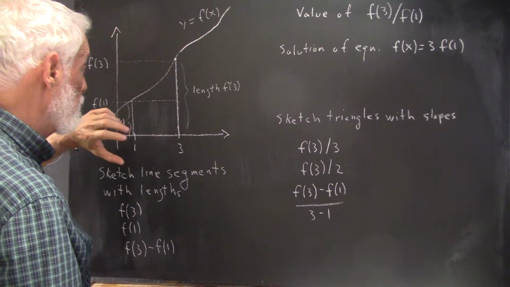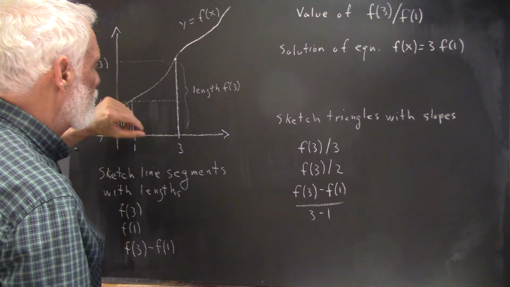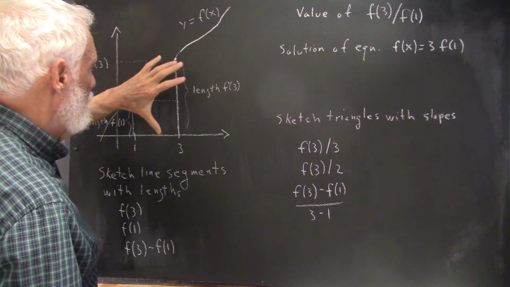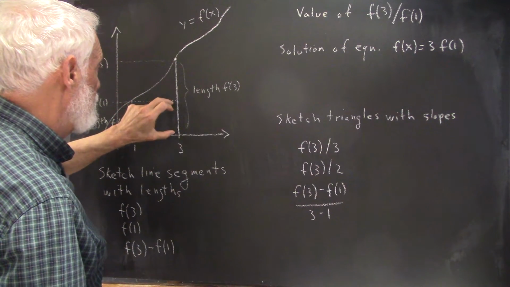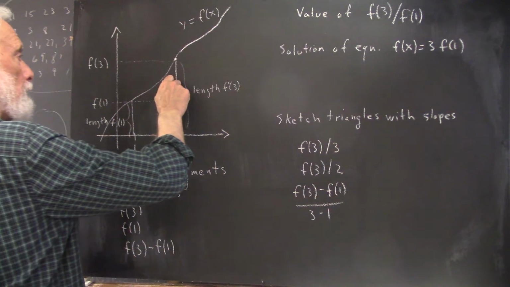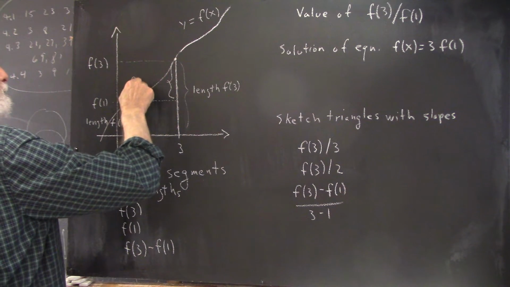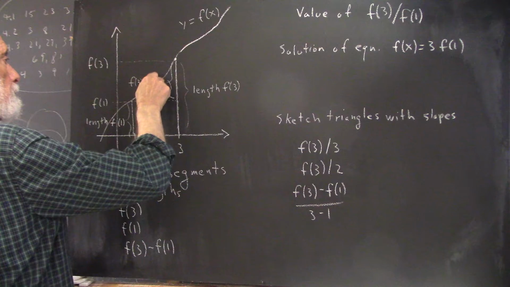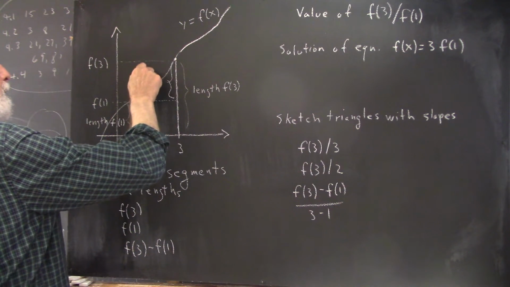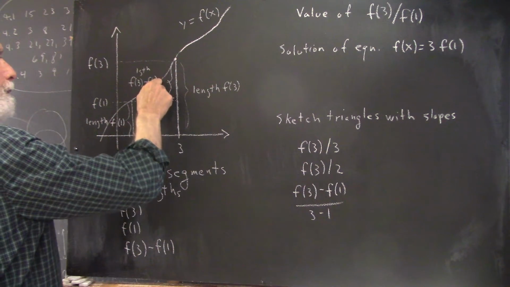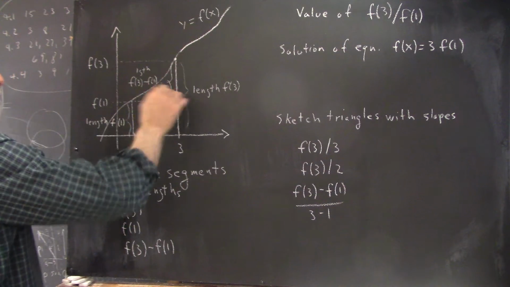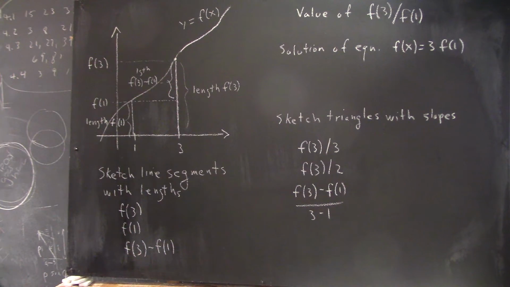This length is f of 3. So f of 3 minus f of 1 would correspond to the length of this minus the length of this, which would be the length of just this segment. So this segment would have that desired length.